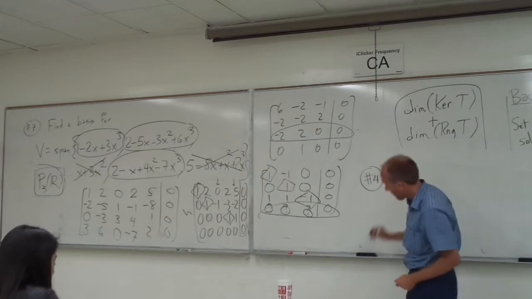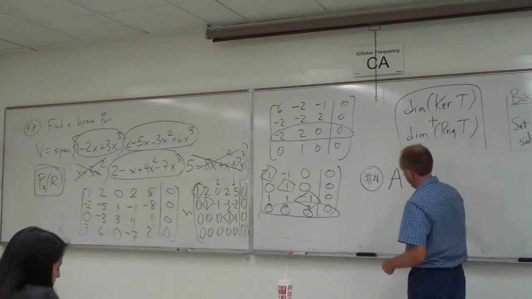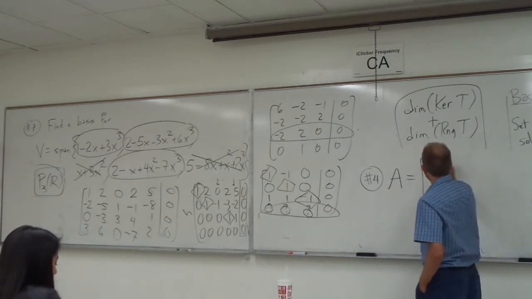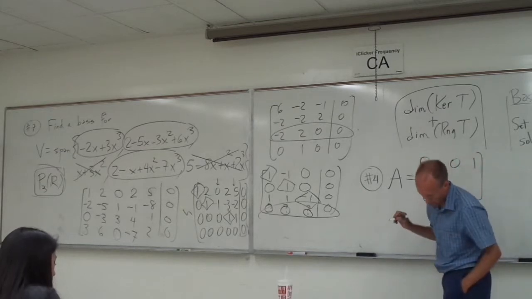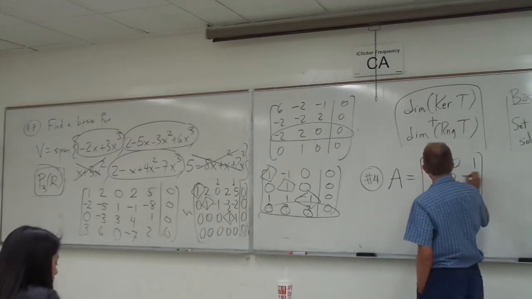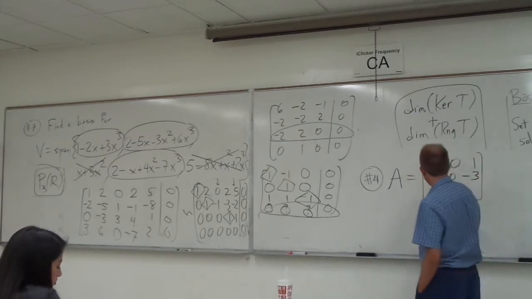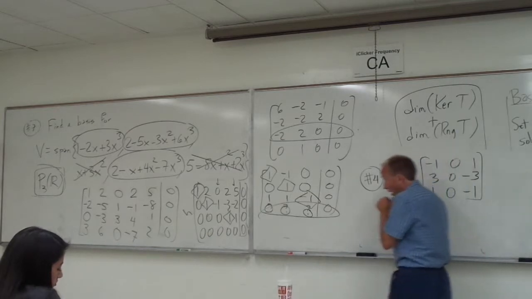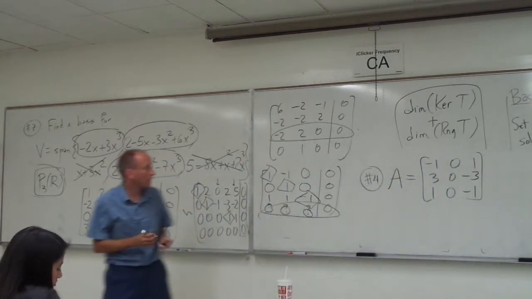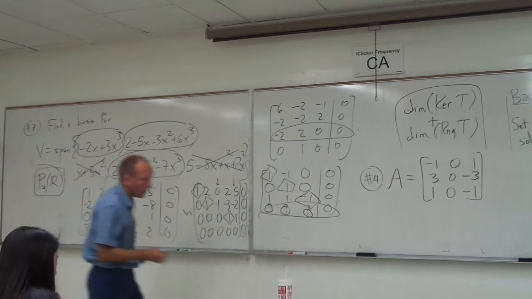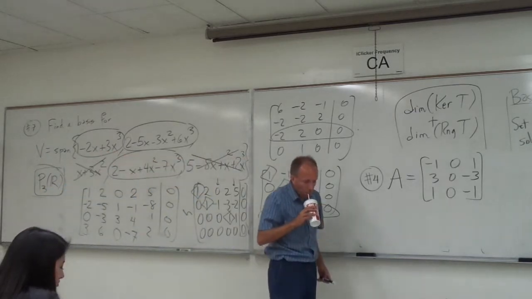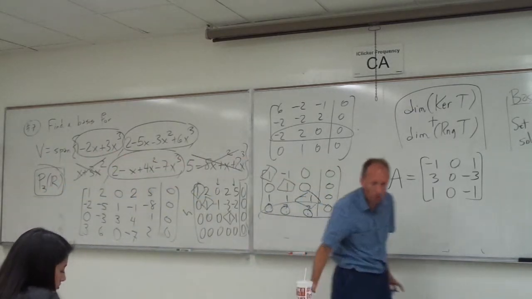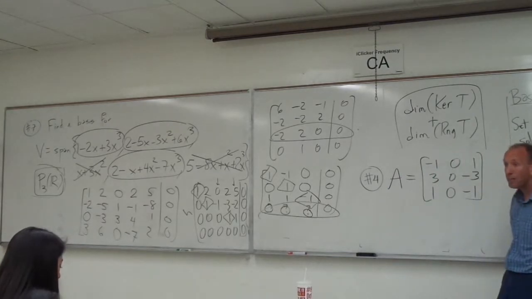Number 4, I just have this matrix A equals -1, 0, 1, 3, 0, -3, and 1, 0, -1. You know how to find a basis for the row space and the column space?